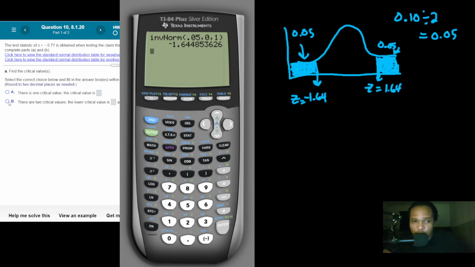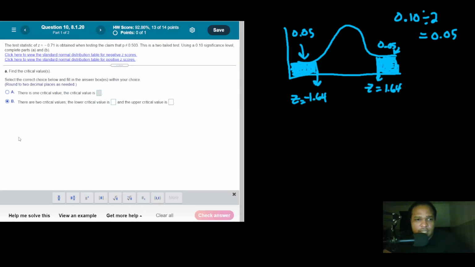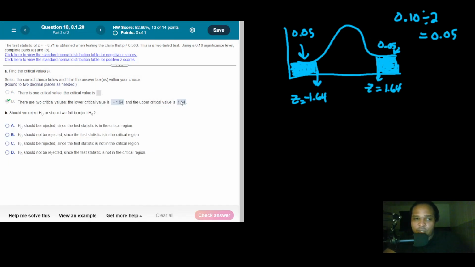So the lower critical value, which is on your left, is going to be negative 1.64, and on the right side, we have positive 1.64. All right, nice work.